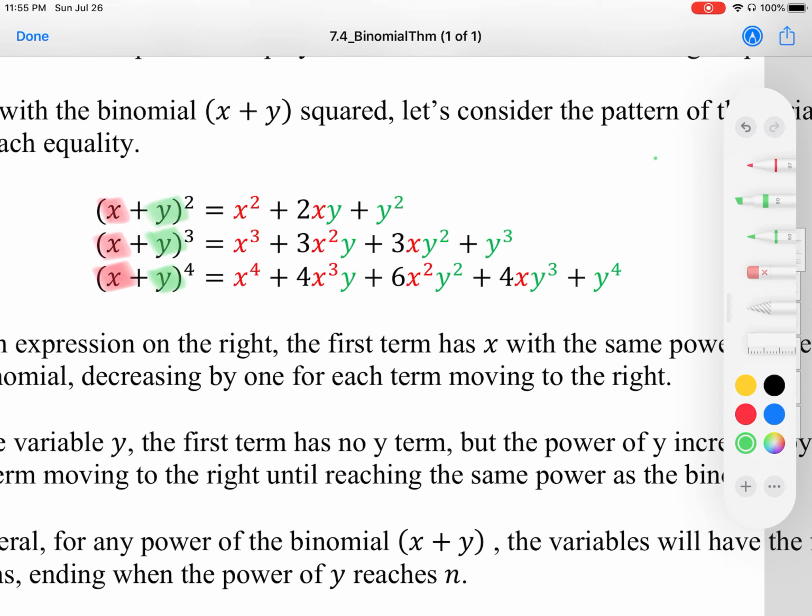If it's squared, the x starts squared, and then it slowly goes down by 1. And the y's go up by 1 each time until they reach the power. We notice the same thing for the third power. It starts with a 3 and goes down 1 each time. Similarly for the y's, they work in backwards order, meaning they go up until you reach your exponent.